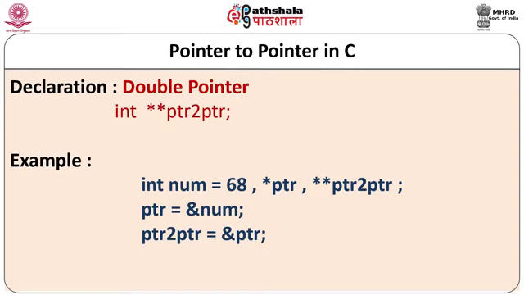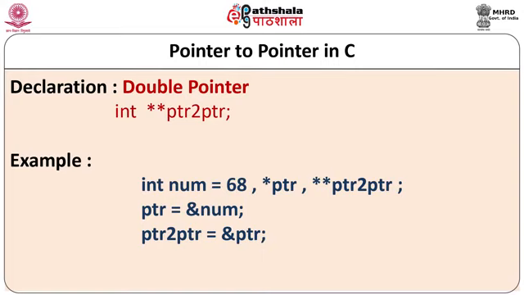Let us understand an example of a double pointer. You can see int num = 68. It means the variable name is num and the value is 68.